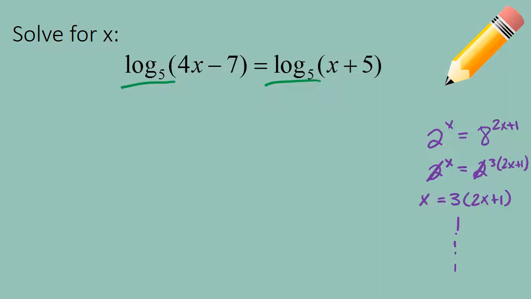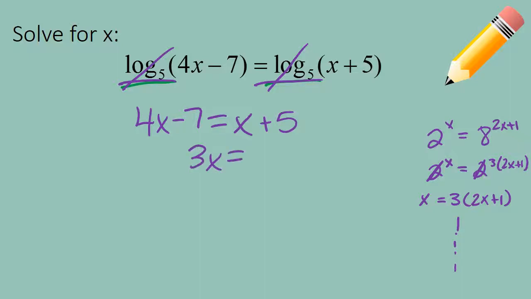But logs work similarly. If I have an equation balanced with the same log on each side, it's almost like I can drop that log. So in this case, I would be left with my two expressions equal to each other and therefore an algebra 1 equation. So I'm going to quickly subtract that 1x over, add that 7 over, and divide by 3.